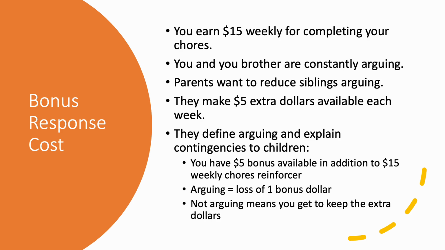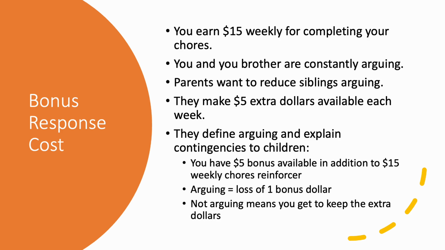So the parents want to reduce sibling arguing, and they decide they're going to make $5 available each week, contingent on certain behaviors. If the children do not argue, then they get to keep their $5. But if they do argue, each episode of arguing is going to result in the loss of $1 bonus dollar.